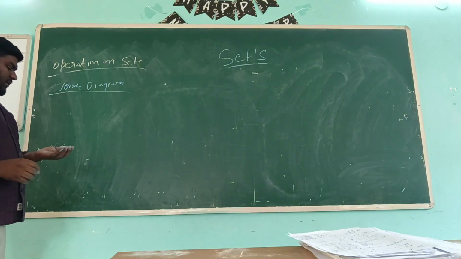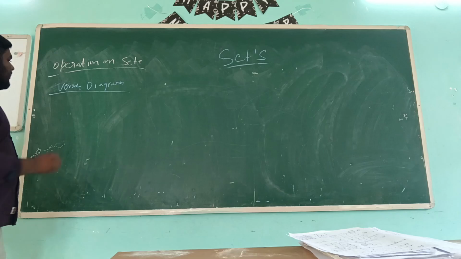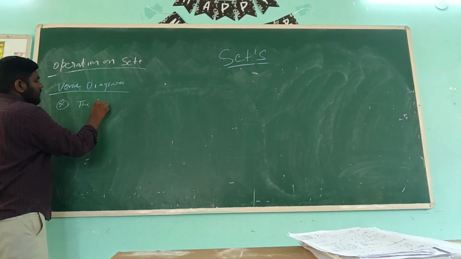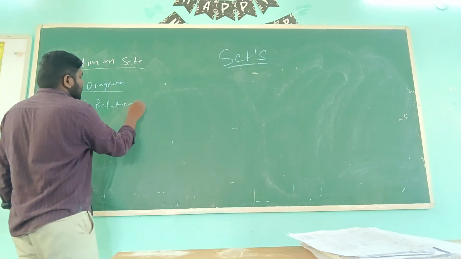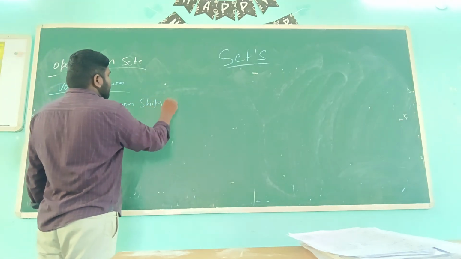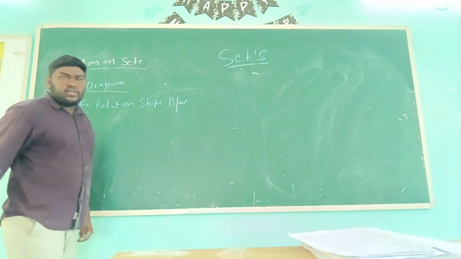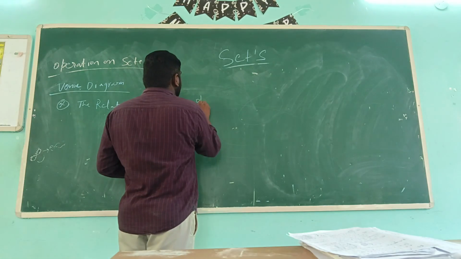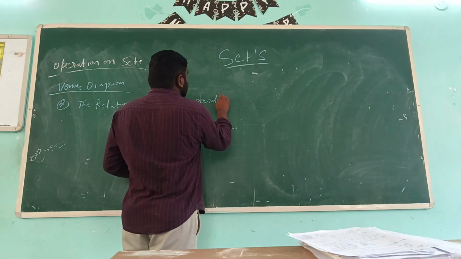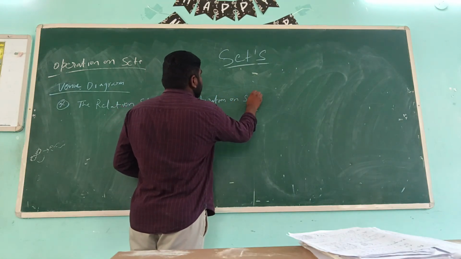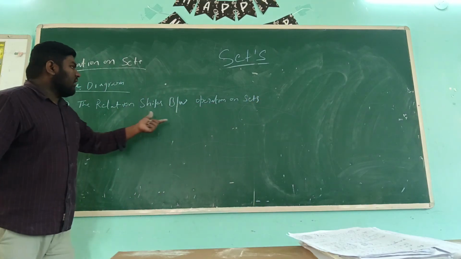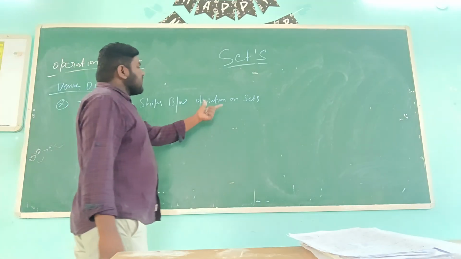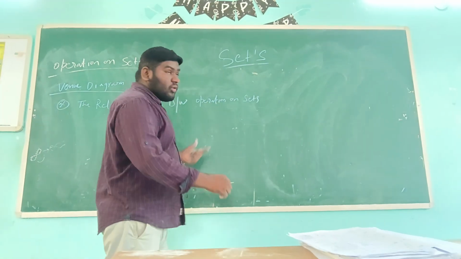The Venn diagram is the relationship between the operational sets. What are operational sets? We will discuss. The relationship between the operations on sets is represented pictorially.